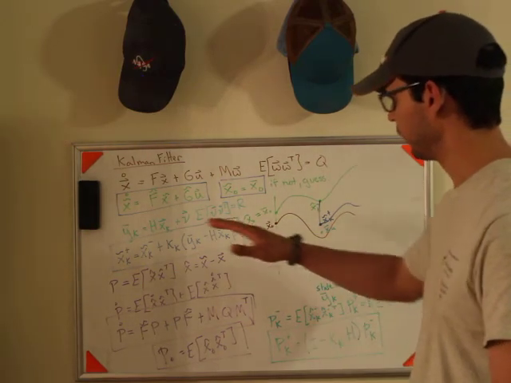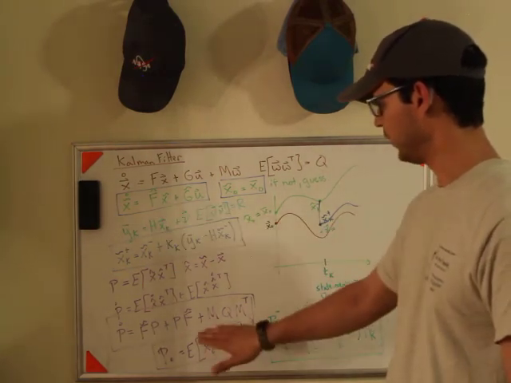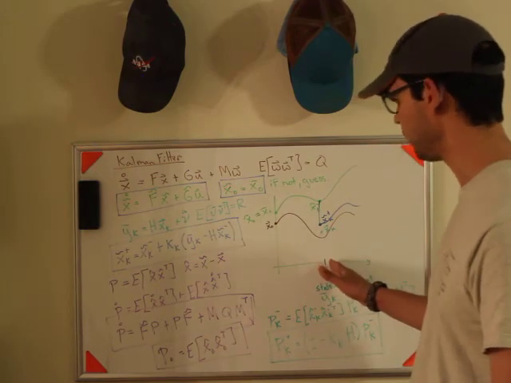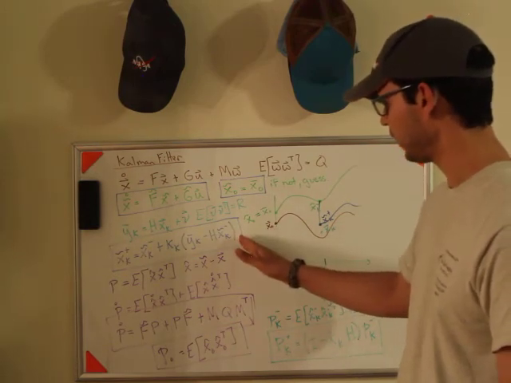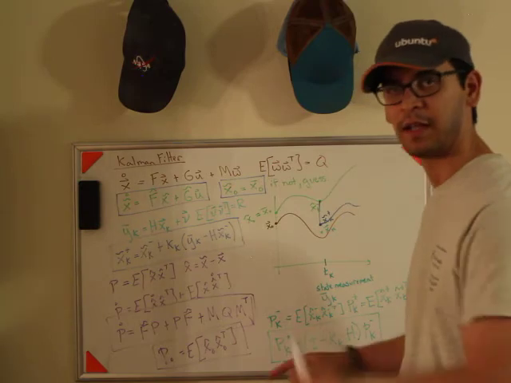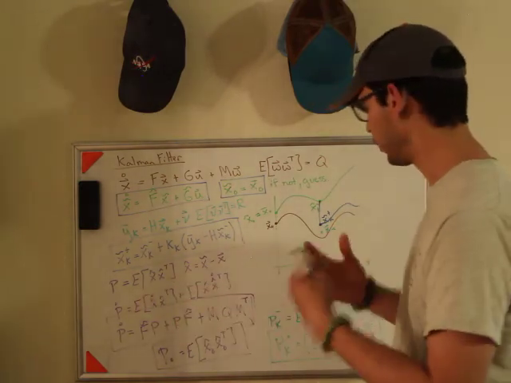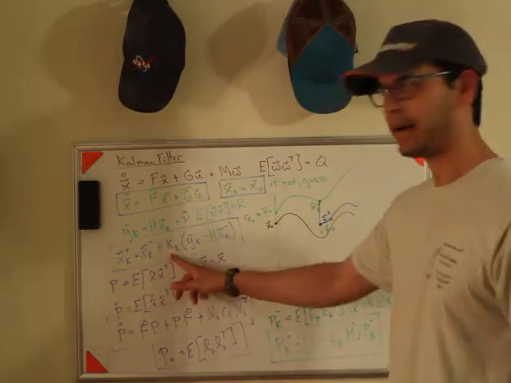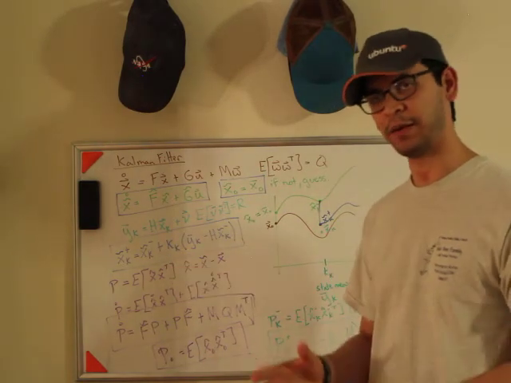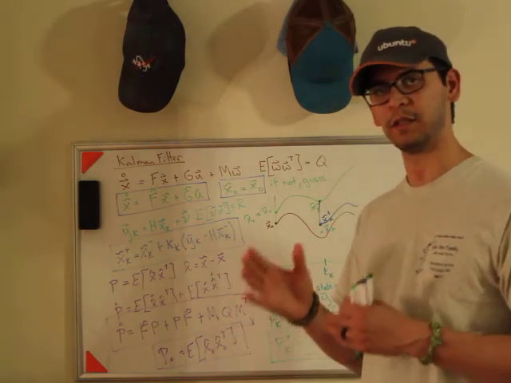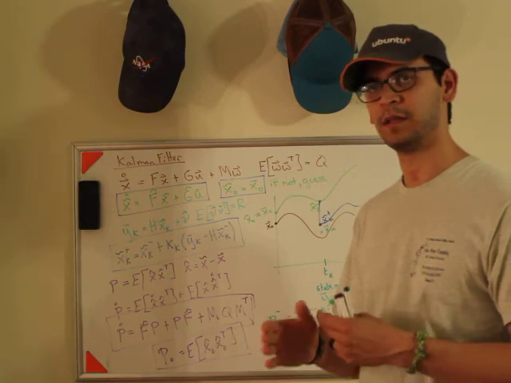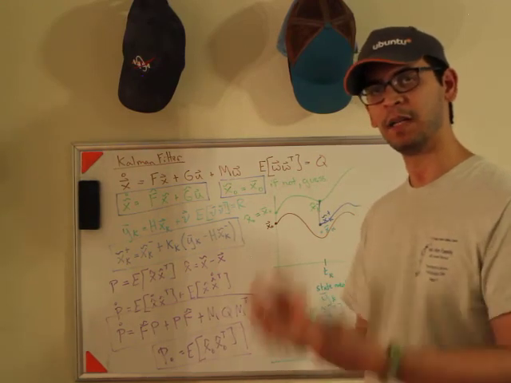So again, let's reiterate. You integrate your model dynamics, you integrate your covariance. Whenever you get a measurement, you update your state and you update your covariance, and then you keep integrating. So the question, of course, is how do you choose your Kalman gain matrix? Well, remember I was saying that your Kalman gain matrix is a linear least squares. So what we need to do is develop a cost function and then minimize that.